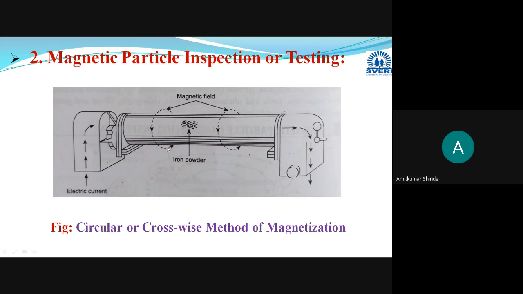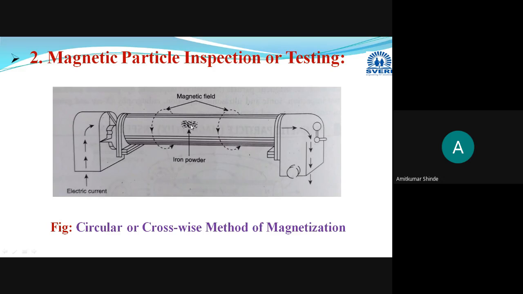Then we place the ferromagnetic powder on the surface, and it will get concentrated where the defect is present. At that spot only it will get concentrated, and the crack detected here will be perpendicular to the direction of the magnetic field. Since the magnetic field is in the crosswise direction, the crack will be lengthwise.